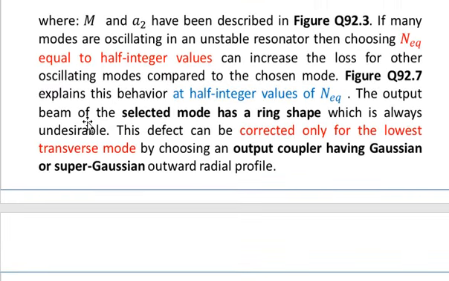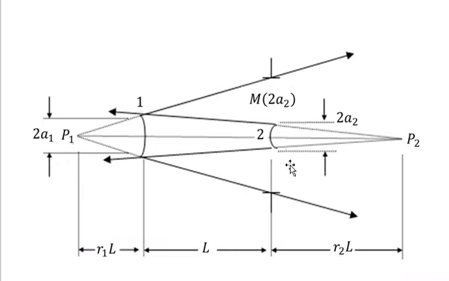So the output beam of the selected mode has a ring shape. Ring shape means that the light coming will not pass through the mirror 2 if mirror 2 is a 100% reflector, but the rest of the beam from this region to this region will pass out, and the beam will be stopped by mirror 2 if the mirror is a 100% reflector.